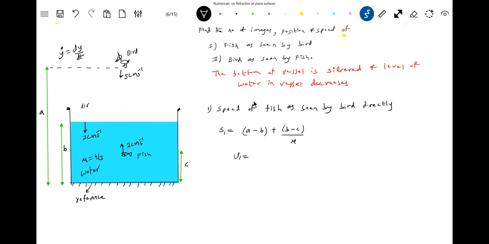Now this will be varying. So V1 equals dA by dt minus 5, dB by dt minus 2, dB by dt minus 2, dC by dt.